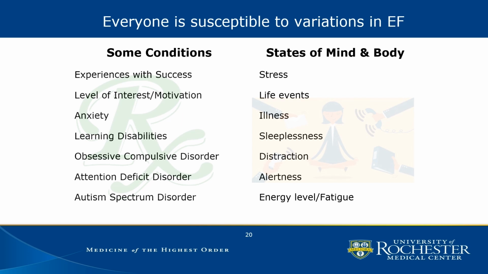Is there an underlying medical condition that is keeping the individual from focusing? Is the task aligned with their learning style? And is it interesting to them? Is it aligned with their attention span? These are all important considerations when looking at either providing additional instruction or assessing one's executive function skills.